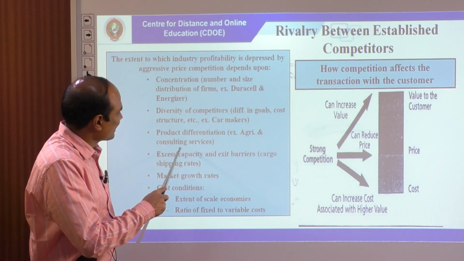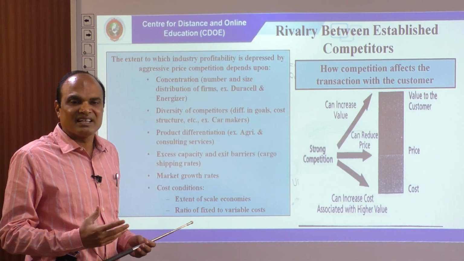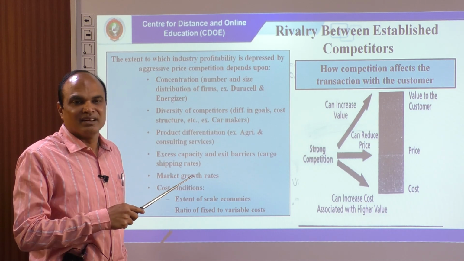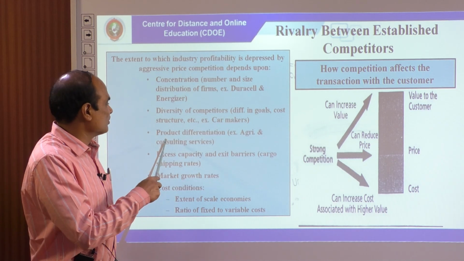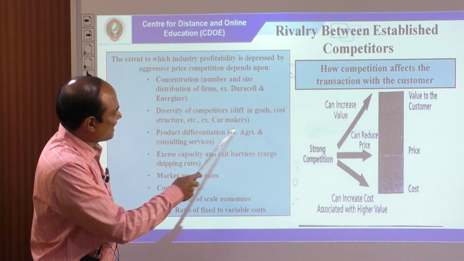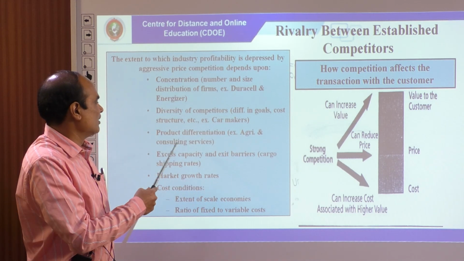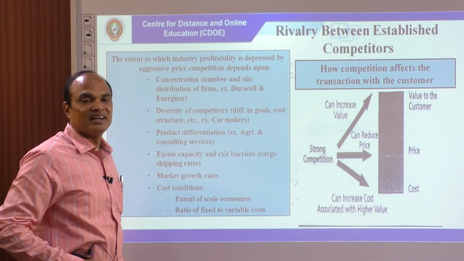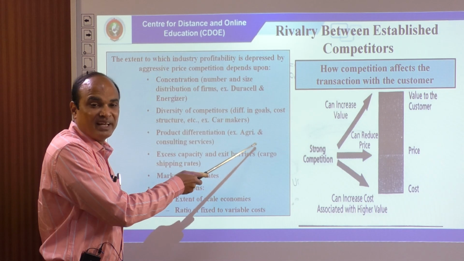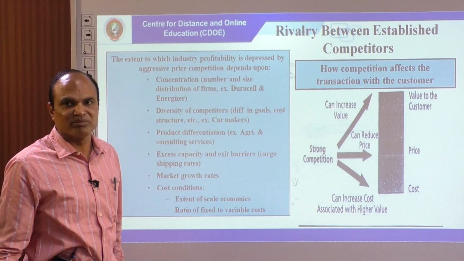The consulting services offered by a company differ in terms of their brand and appeal, their reach, their goodwill. So that will create product differentiation. You are seeing the two extremes, agriculture commodities and consulting services: here the product differentiation is very less and here it is more.